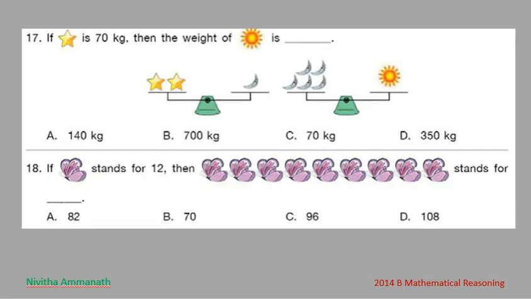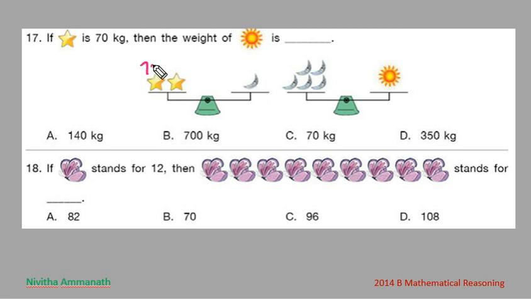17th question. If a star is 70 kilogram, then the weight of this sun is, or that is, a star is 70 kilogram means these 2 stars equal 1 crescent.